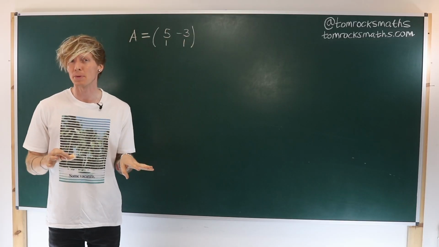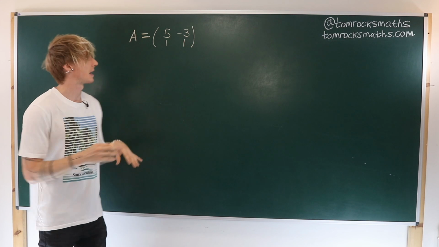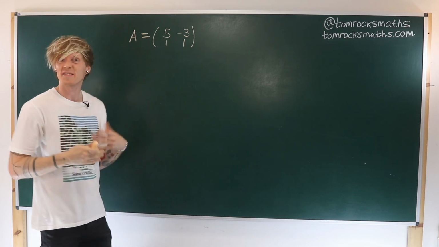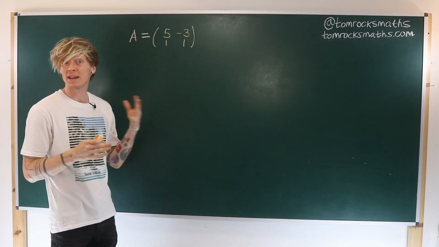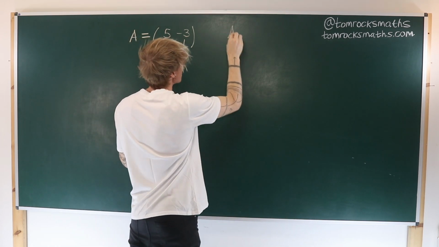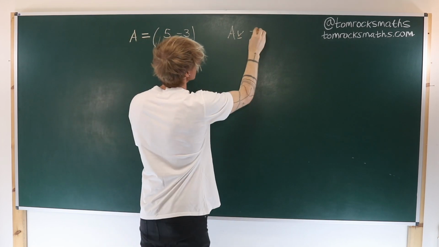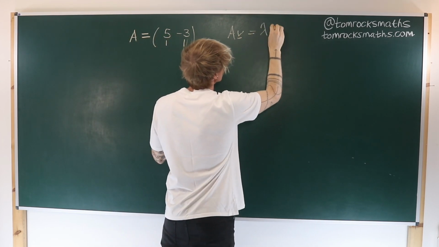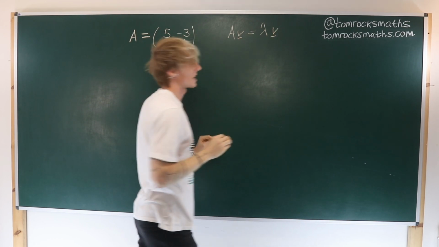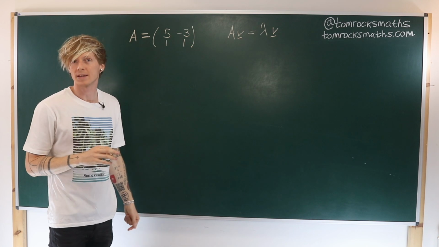Let's look at an example to see how this works in practice. Suppose I want to find the eigenvalues and eigenvectors of this 2x2 matrix A. So we want to solve the equation A times a non-zero vector v is equal to a scalar lambda, which is the eigenvalue, times the same non-zero vector.